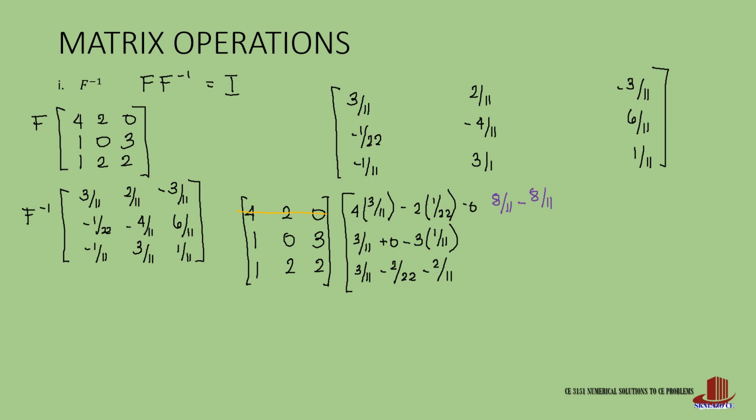Second row, we would have 1 times 2/11 minus 0 plus 3 times 3/11.